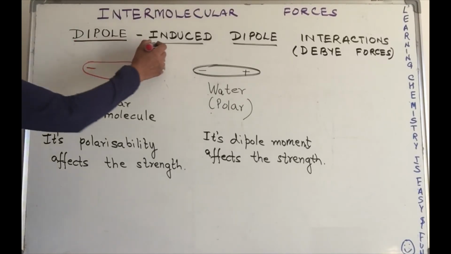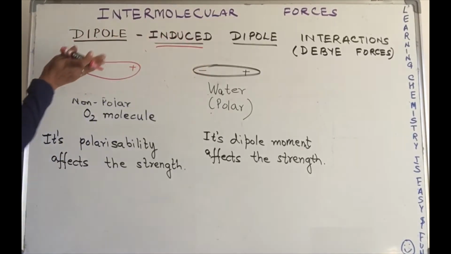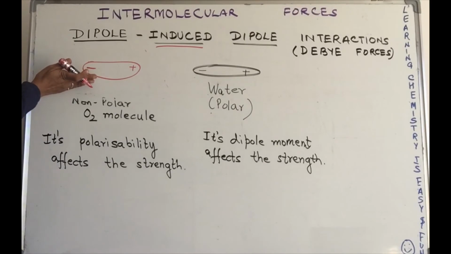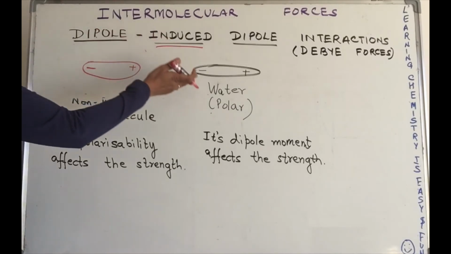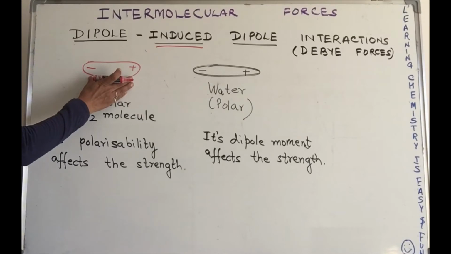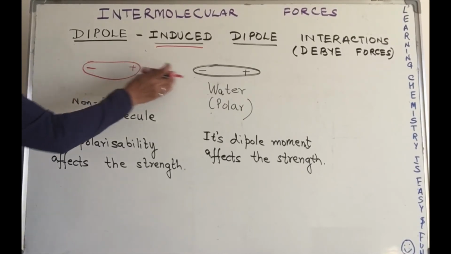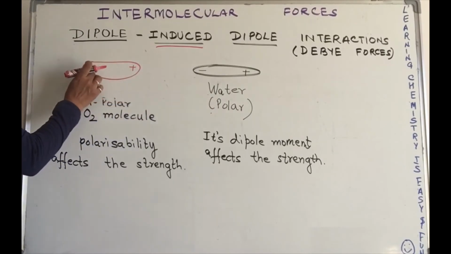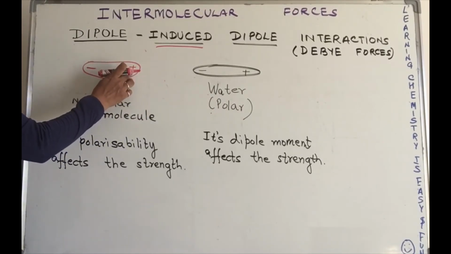That is why the word induced. This doesn't have the dipole initially. It is not behaving as a polar molecule. It is only in the presence of a polar molecule that it starts behaving as a polar molecule. And now both of them are dipoles, molecules with two poles.